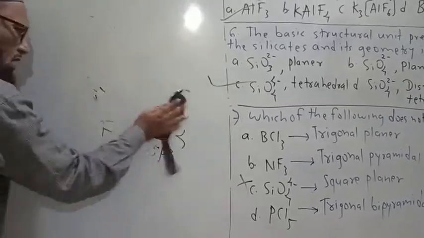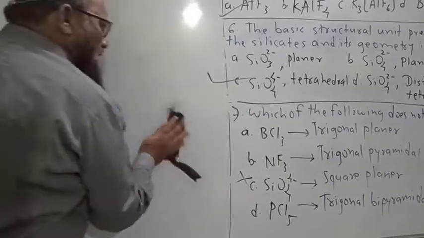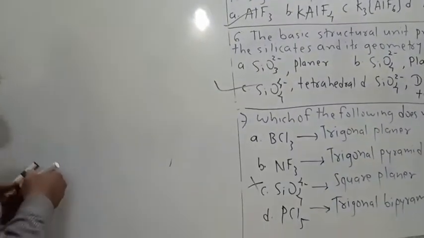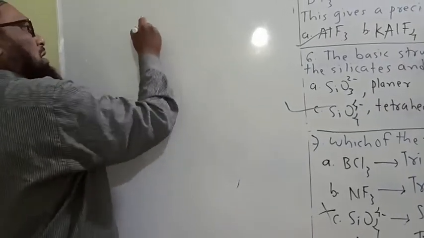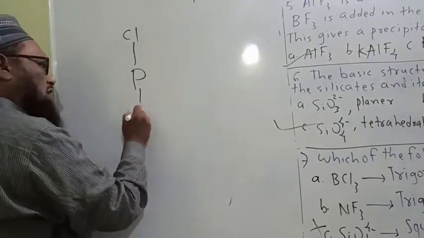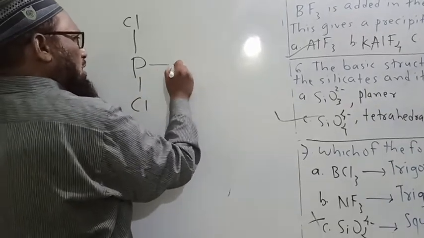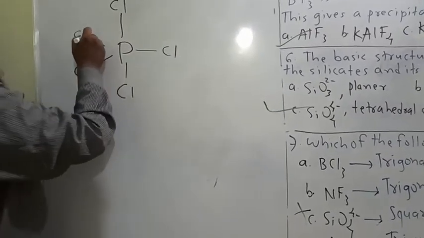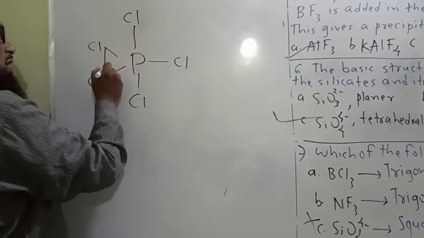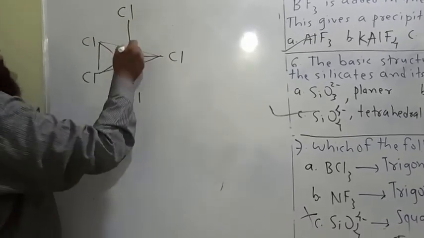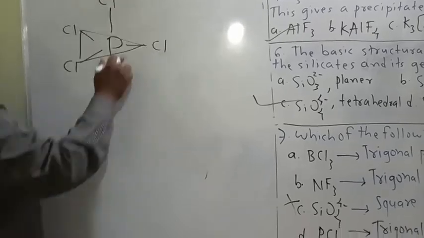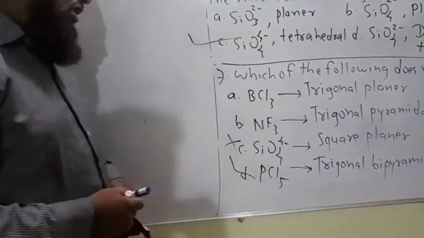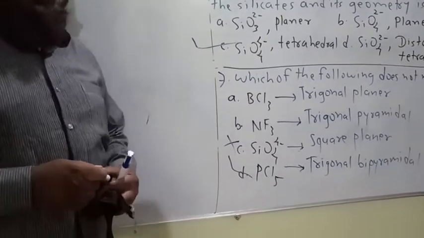Phosphorus is the central atom, atomic number 15, shell-wise distribution 2, 8, 5. 5 valence electrons are there. 2 axial P-Cl bonds are formed and 3 equatorial P-Cl bonds are formed. This geometry is trigonal bipyramidal. This again matches. The correct option is SiO4 4-minus square planar. This doesn't match.